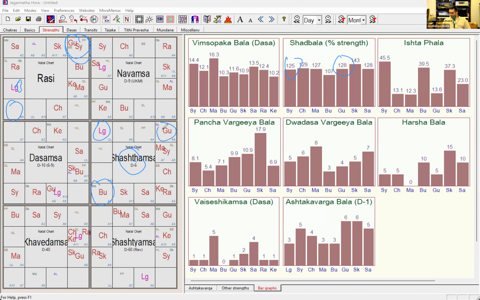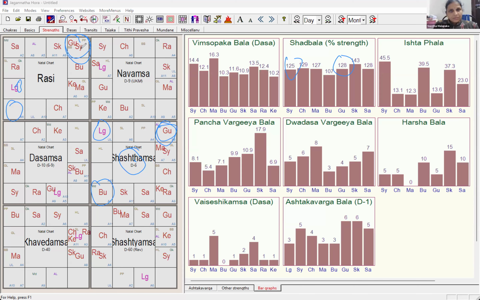Yes or no? Somebody tell the right thing, no? I don't know. You guys have to tell. Yes, for Guru, Buddha is enemy, but for Buddha, Guru is Sama. Correct. Now what happens? Guru is not at all in a happy space. Correct? Even in here or even in here. Yes or no? So something related to Guru will happen, and something related to this house will happen, because he is unhappy there.